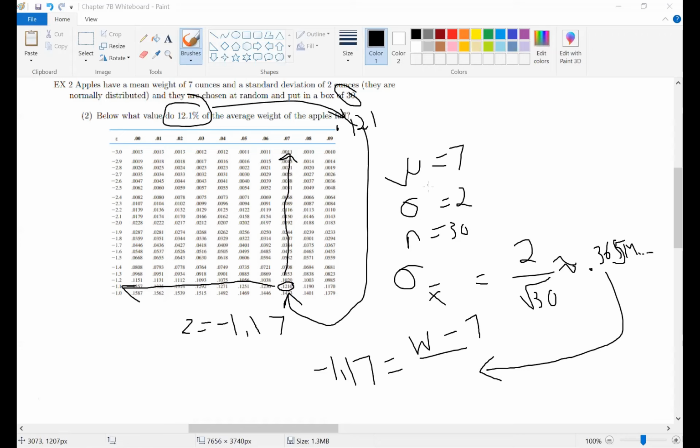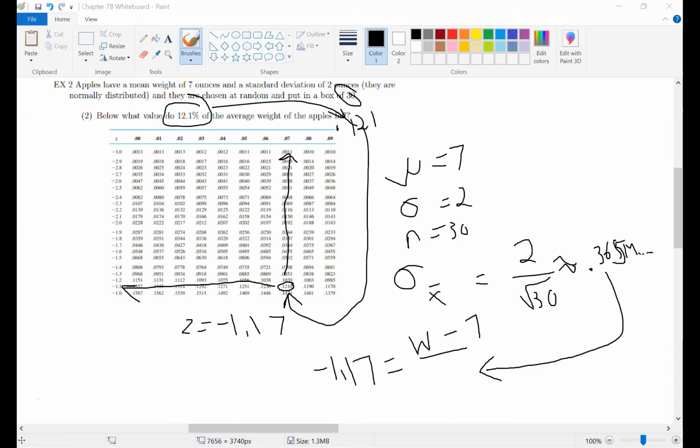This thing doesn't let me put it in, so let's go to Desmos. That makes it easier. I won't share this with those of you at home because this is just throwing it into a calculator. So negative 1.17 times 2 over the square root of 30, because we multiply out by the standard deviation. And then we add 7.